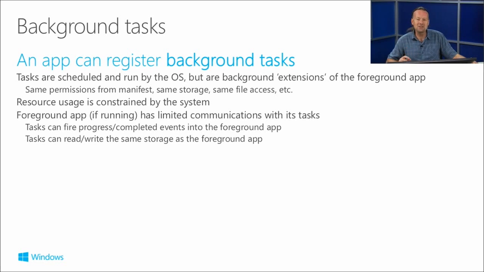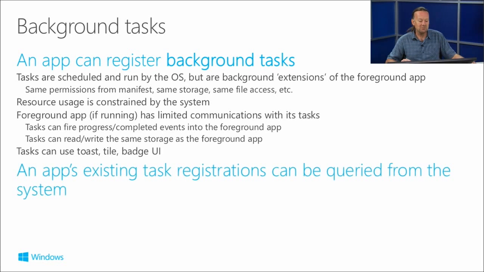And like we said, we've got the same storage as the foreground app, so they could read and write to the same files as a way of communicating between the two of them. And of course, tasks can use Toast, Tiles, and Badge UI, so they can immediately interact with the user by putting out visible things like Toast notifications, Tile updates, and Badge updates.